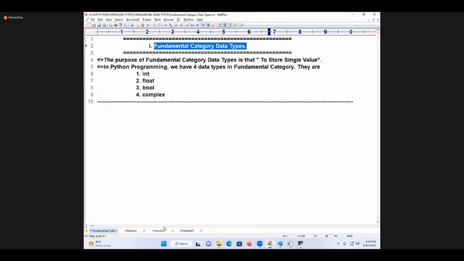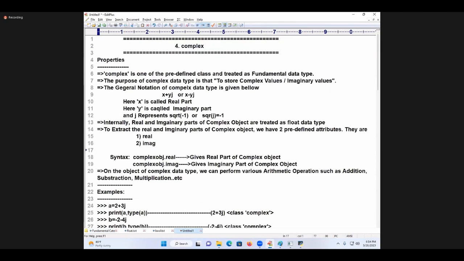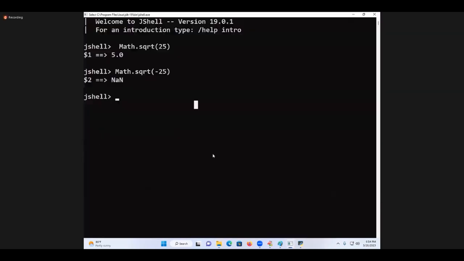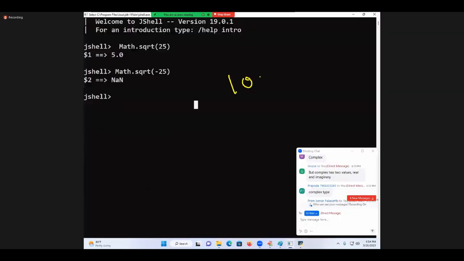That's why sometimes I get very tense about you. x plus yj, x minus yj, it is called a number like that. Right? Now Gauss, my dear student Gauss. 1000 is there. I'm not calling it 1000 rupees. Why? 1 separate, 0 separate, 0 separate, 0 separate. Make 1000 pieces.